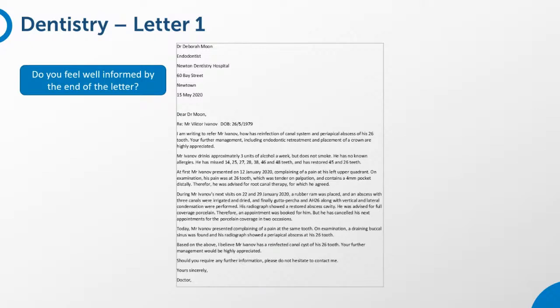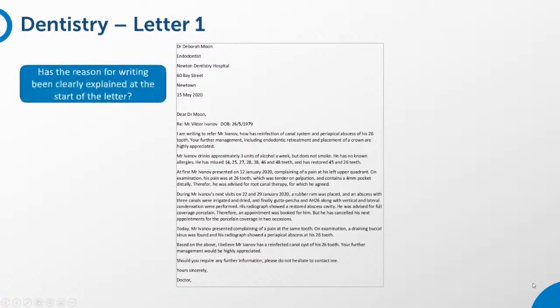All right, well, let's have a think about this letter. Do we think that this is a good response to the case notes or not? I'm going to ask you this question. Has the reason for writing been clearly explained at the start of the letter? And this is a poll question this time.